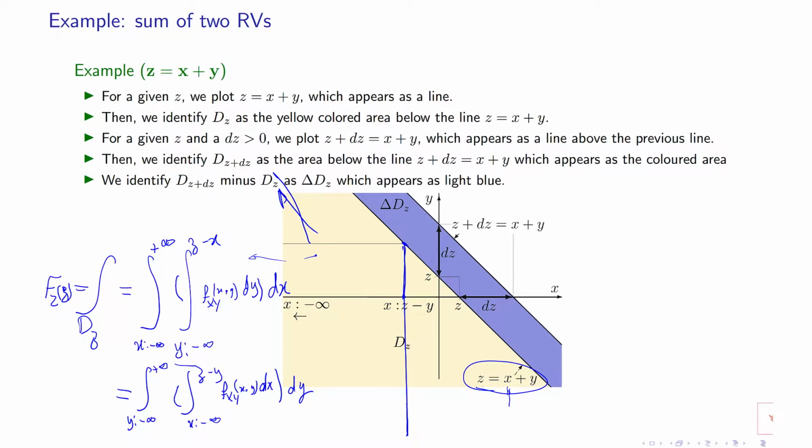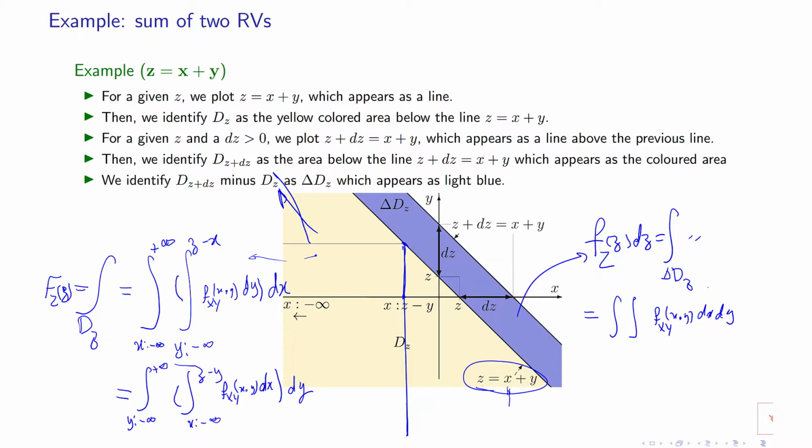If you do integration over the blue area, the PDF f_Z of z times dz is equal to the double integral over this delta dz, which is equal to, you have to put the boundary of this integral, of f_XY of x and y, dx dy.